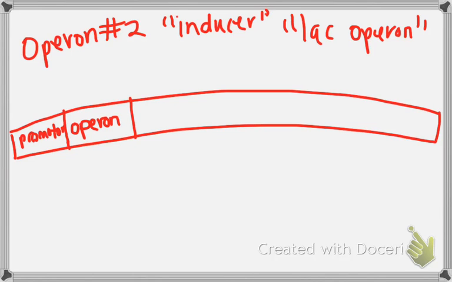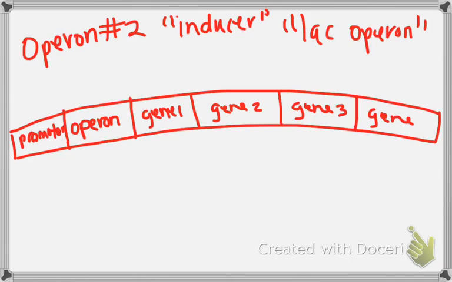Then, after operon, we want some genes in here. Maybe this time we have gene 1, gene 2, gene 3, gene 4. Now this is the lac operon.